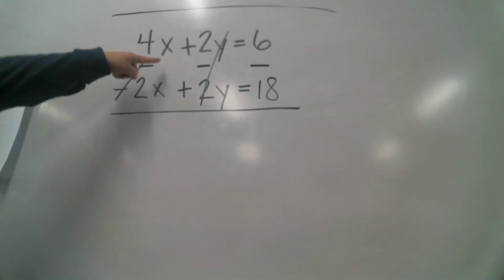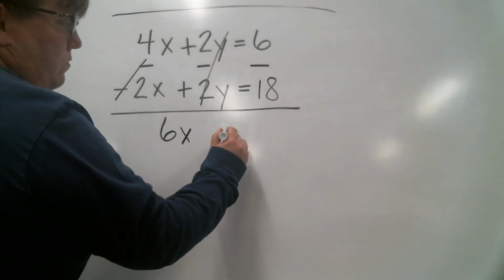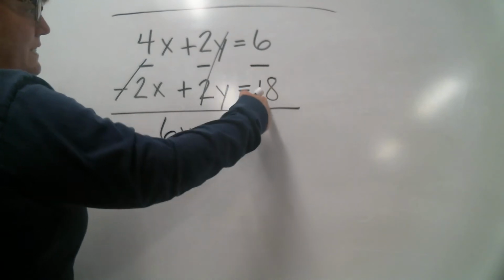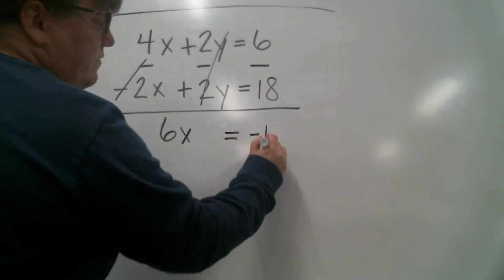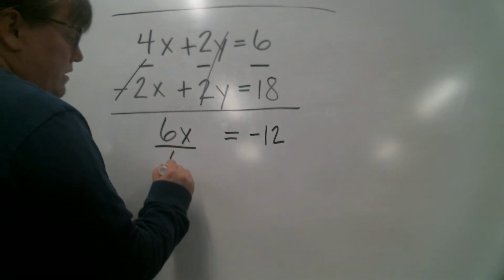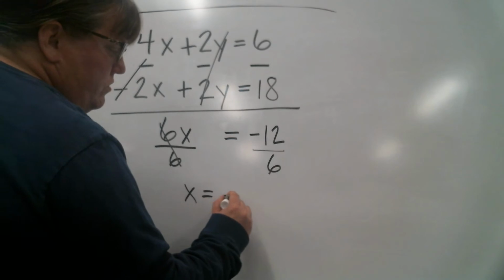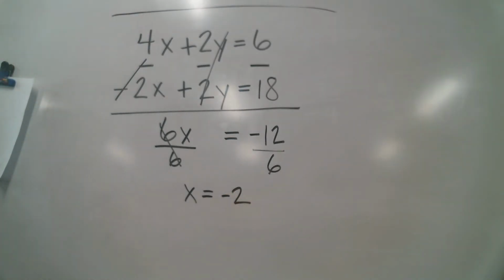So I actually have 4x plus 2x, so I have 6x equals, and then I've got 6 minus 18, which would be negative 12. Then all I have to do is divide by 6, which gives me x is negative 2.